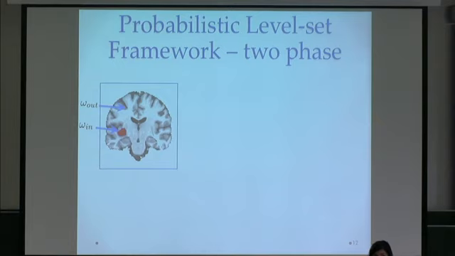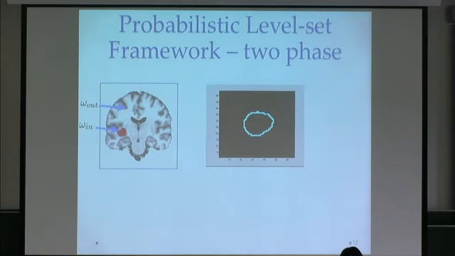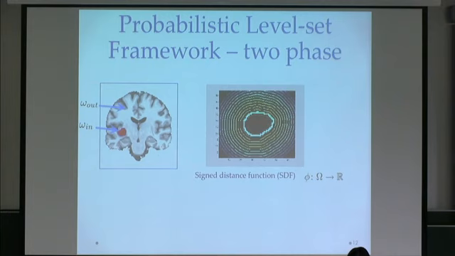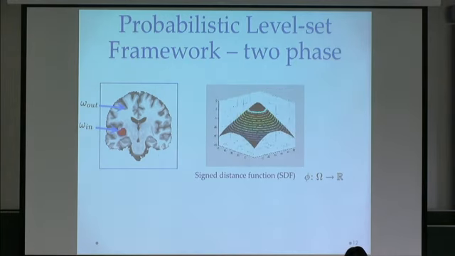So, for example, if you want to partition an image into two regions, the region of interest here marked in red, and the background, Ω out, what we usually do with the level set formulation is define a signed distance function, and we evolve it using calculus of variation.